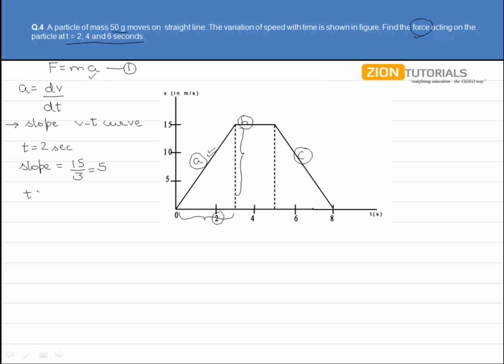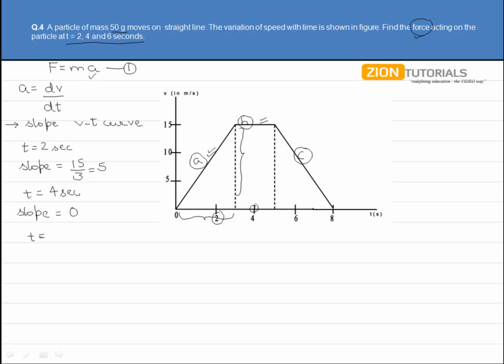Now, similarly, at t equals 4 seconds, we can look from the graph that the particle is following the B curve. And finding the slope for curve B, we get it as 0, since the graph is parallel to the x-axis or the time axis.